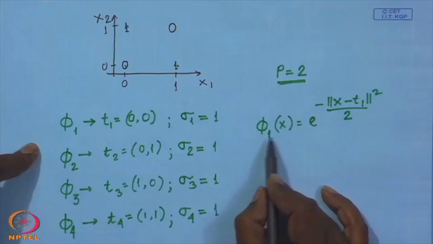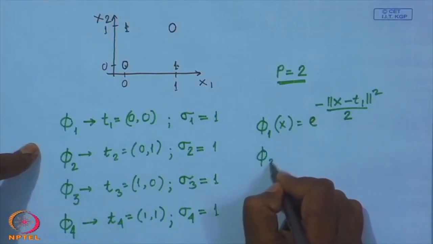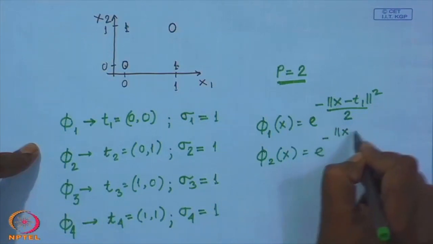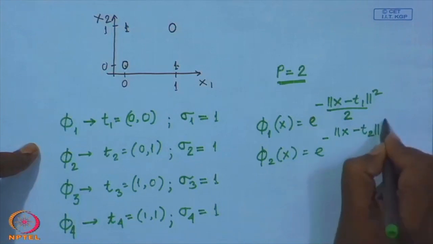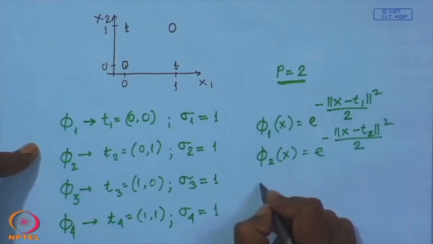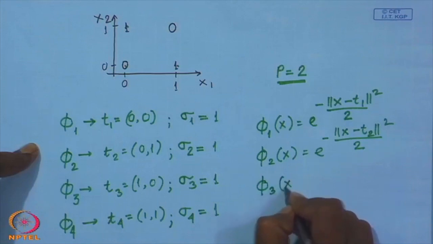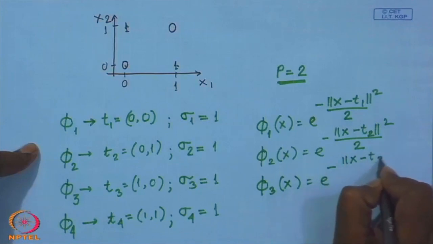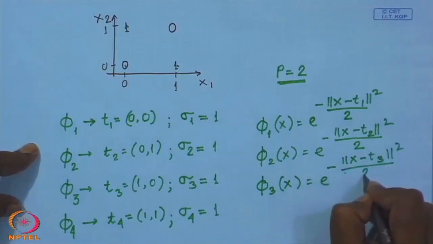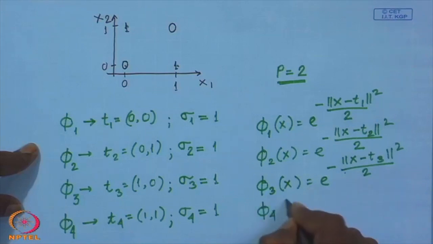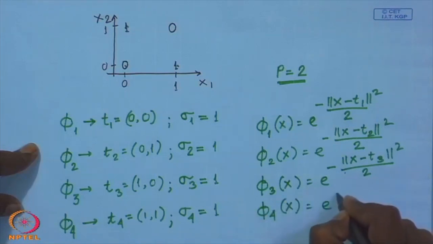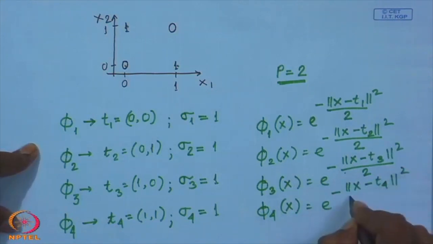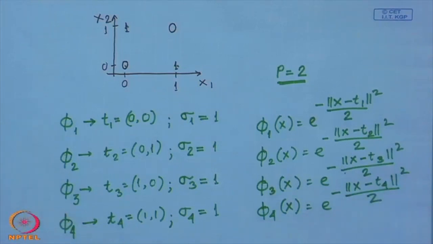Similarly, phi 2 of x is e to the power minus x minus t 2 square upon 2, phi 3 of x is e to the power minus x minus t 3 square upon 2, and similarly phi 4 of x.